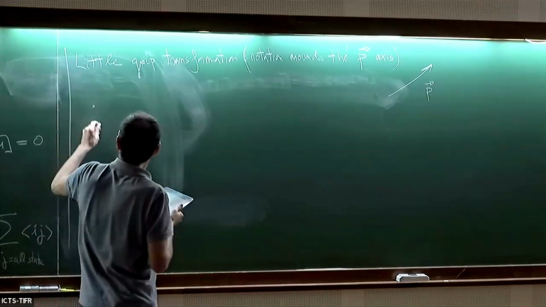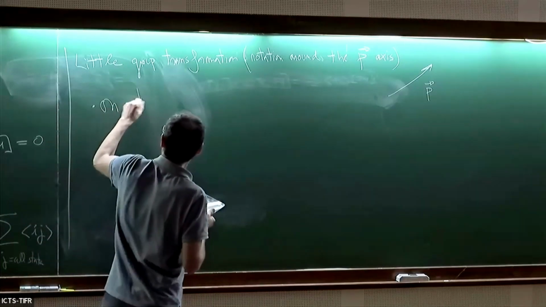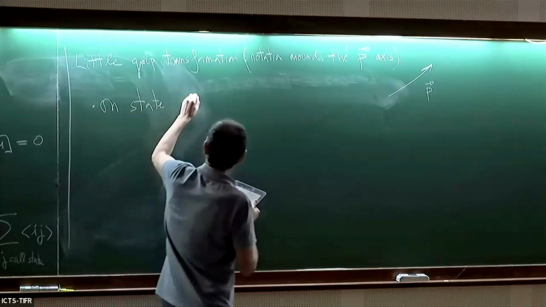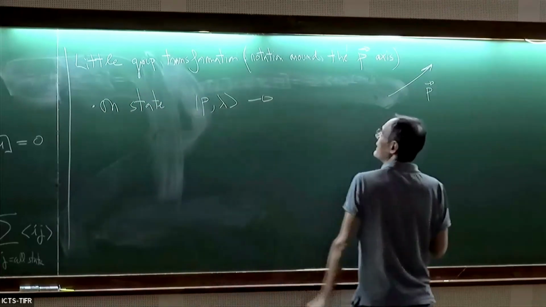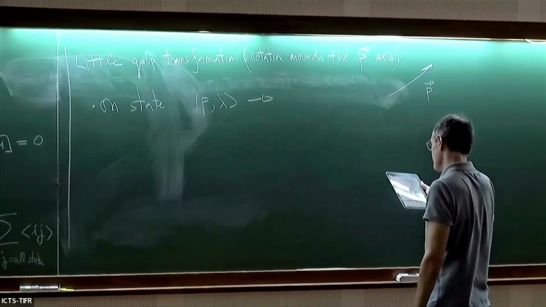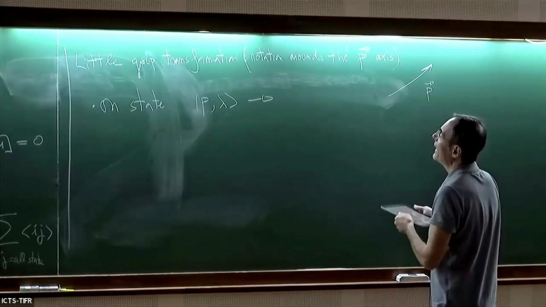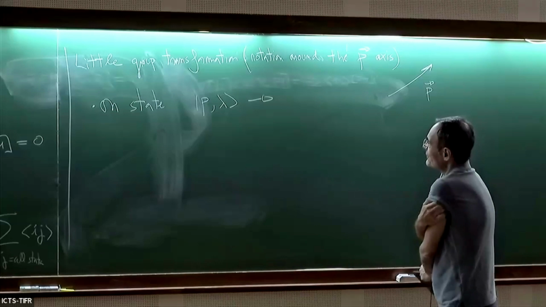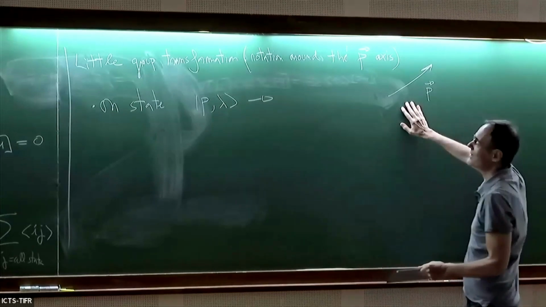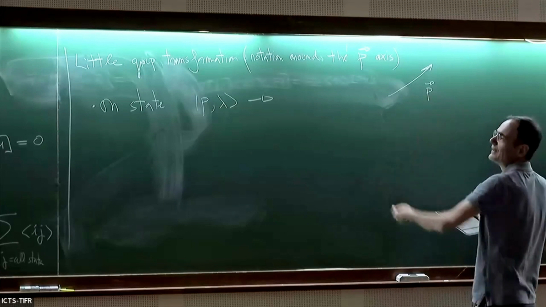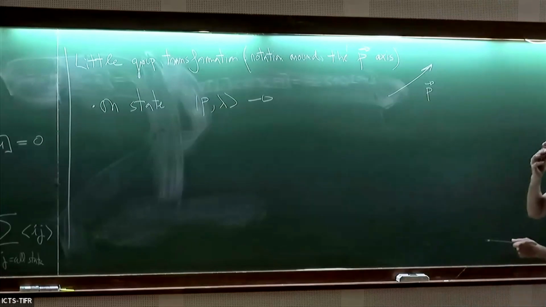And on the state, what it does is the way you define velocities. The states must be states with eigenvalues. The group is a U(1), it's a rotation, and it's the same as the U(1).